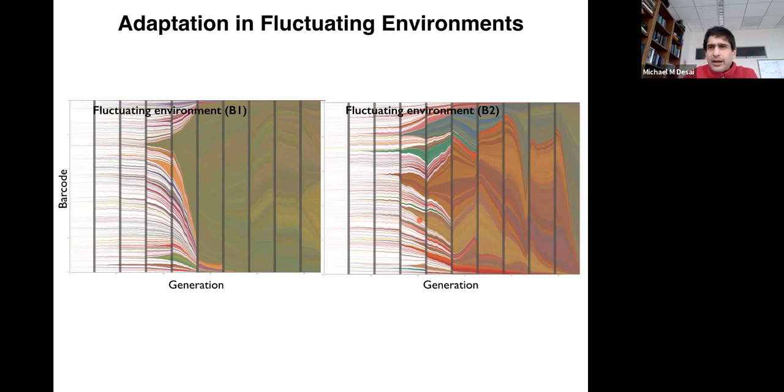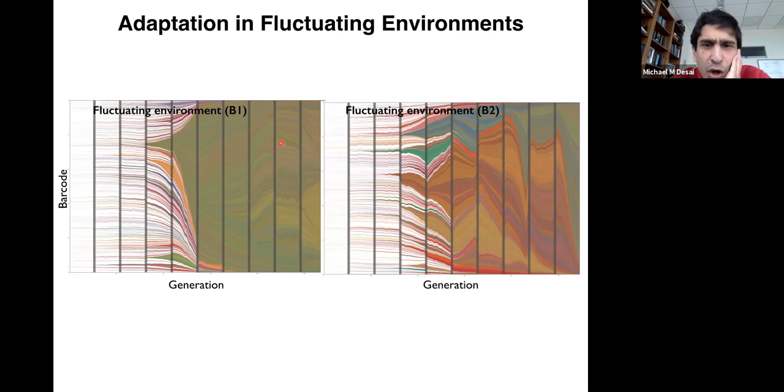And I think these same theoretical ideas about traveling waves of fitness can be generalized to understand how specialist or generalist phenotypes may evolve in fluctuating environmental conditions.